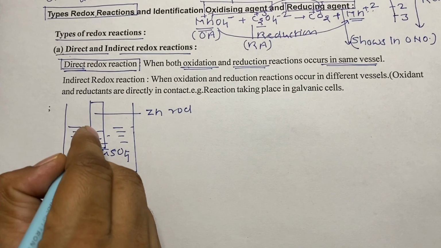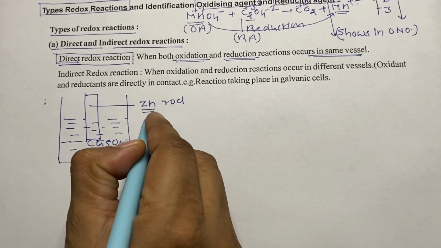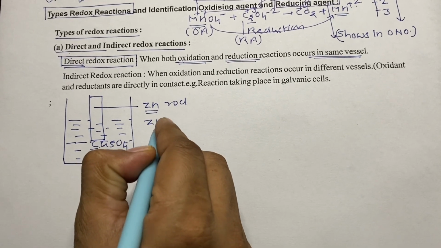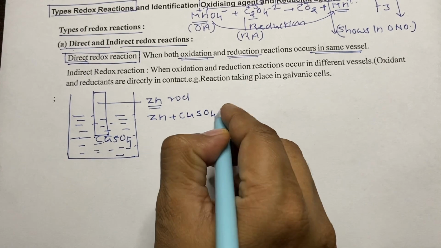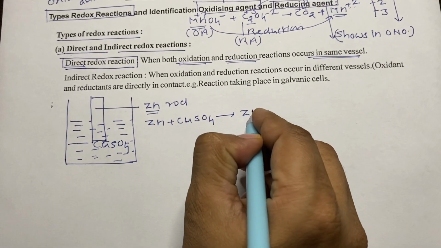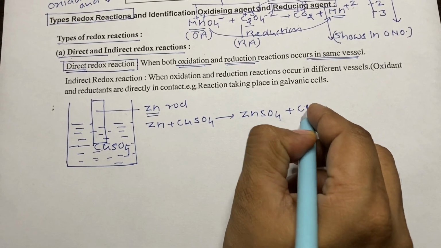Obviously, oxidant and reductant are in direct contact because the reactivity of zinc is more than copper. So the redox reaction which will occur, we can write as zinc plus copper sulfate giving ZnSO4 plus Cu.